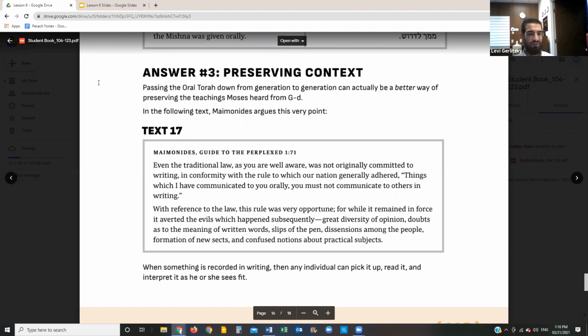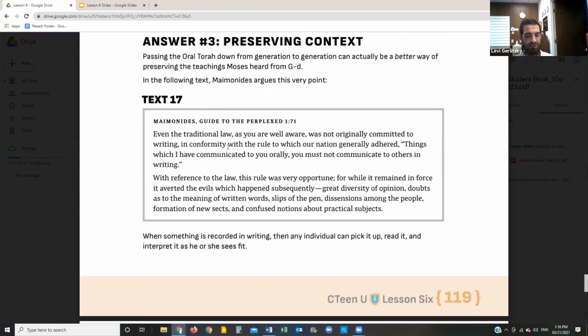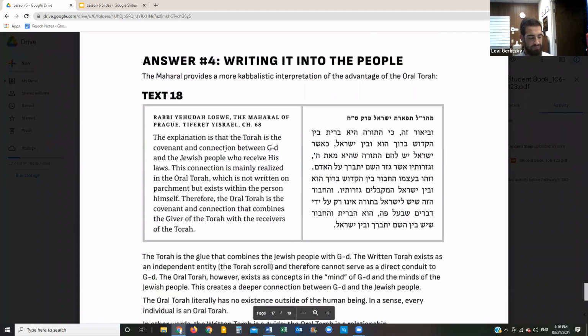We want them to hear from the previous generation, those that have studied the text and got down the message from those before them, in order to make sure you're properly understanding the text, you have the expertise, the knowledge, the experience with applying the text in day-to-day life. So it preserves the context when you have to listen to a teacher instead of just reading the books and assuming you understand everything properly. Let's move on to point number 4.